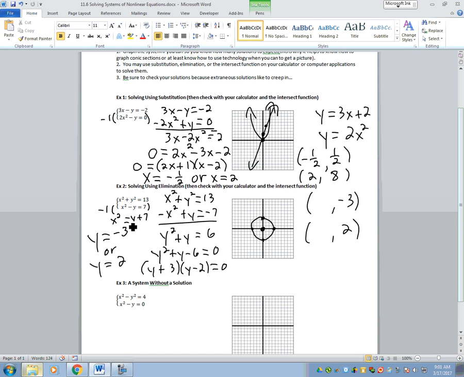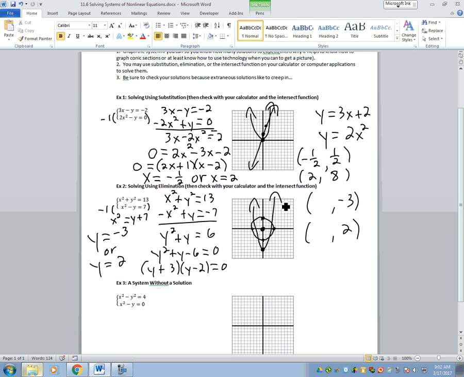And it's going up, right? Because the coefficient of x squared is positive. So what's the vertex of this guy? It is 0, negative 7. Remember to take the opposite of the number paired with the y. So 0, negative 7, and then it's going to go like this. Up.